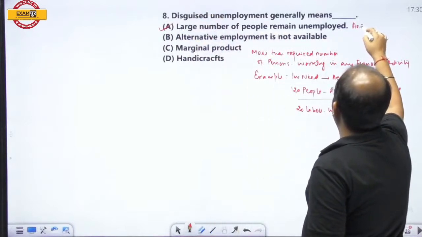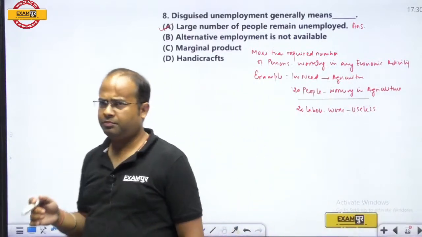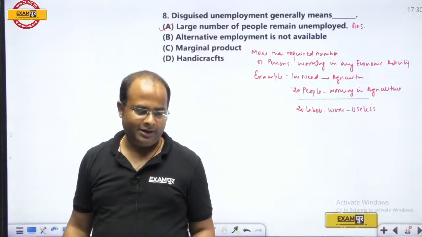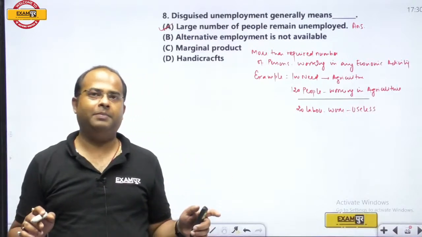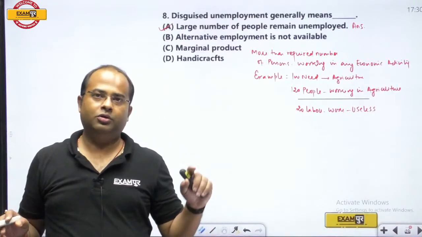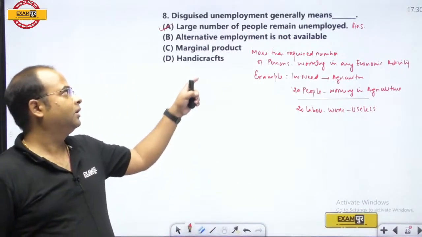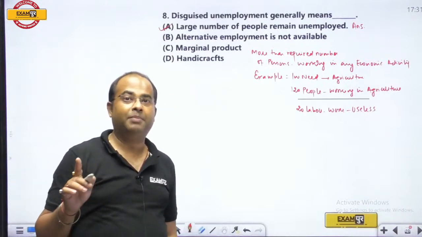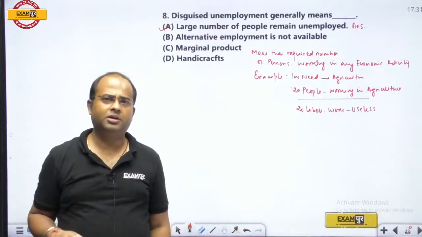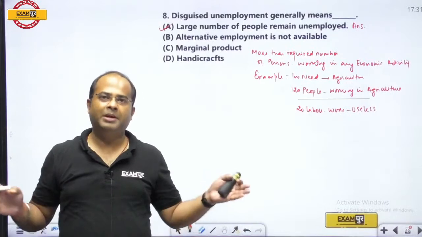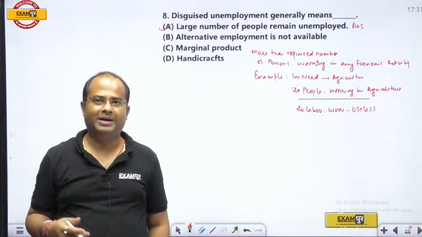When a large number of people are employed in a particular profession and that many are not needed. If there is need of 100 people and 120 people are working, the work of these 20 people is useless. Therefore it is disguised unemployment. The best example is agriculture. In agriculture, half of the population is involved, that much population is not needed, work is less, people are more. Then what will happen? They start migrating to the urban areas in search of better livelihood.